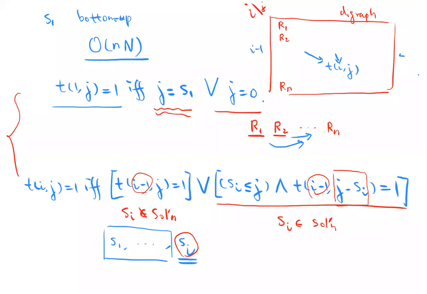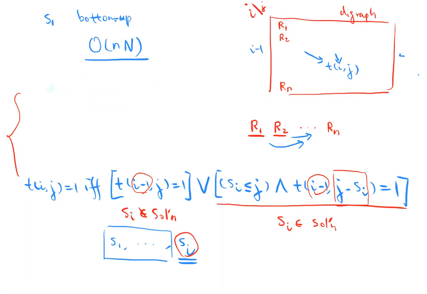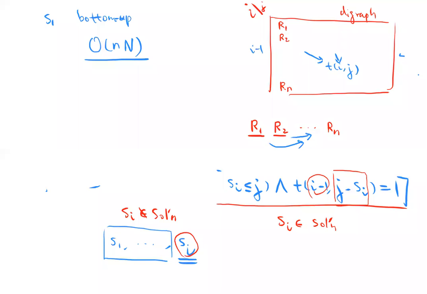Okay, last problem. The final thing I want to mention is that this is not a polynomial time algorithm. It's polynomial in terms of n, the number of elements, but this part is exponential, because of the input size.